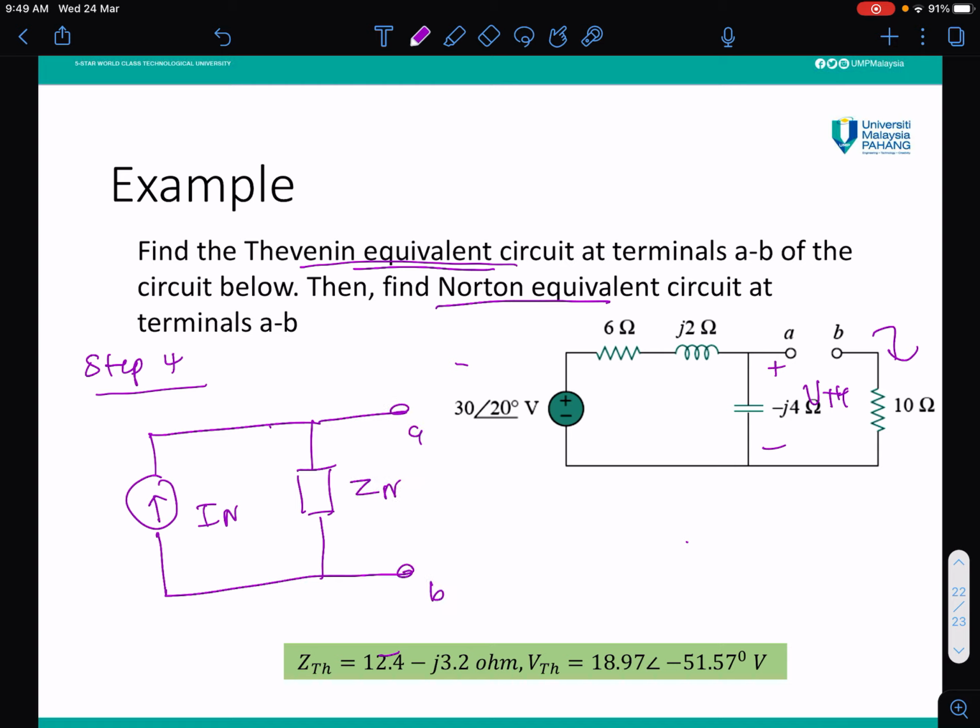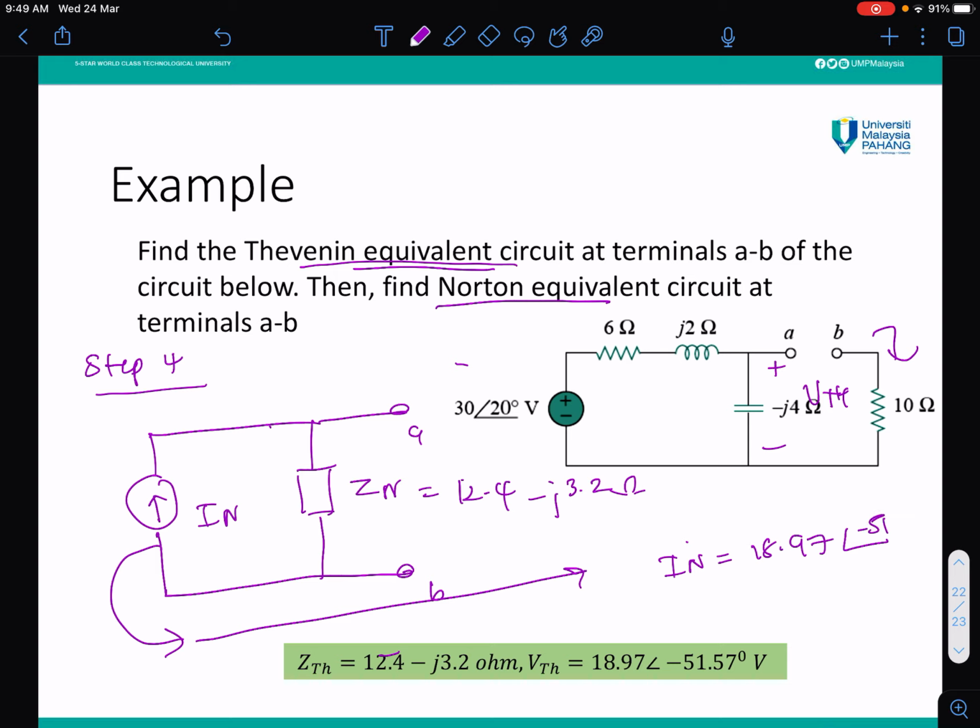The Zn value here is 12.4 minus J3.2 ohms. So what is the value for IN? IN equals V divided by Z, which is 18.97 angle negative 51.57 divided by Zn. Please calculate and then you can find your IN.